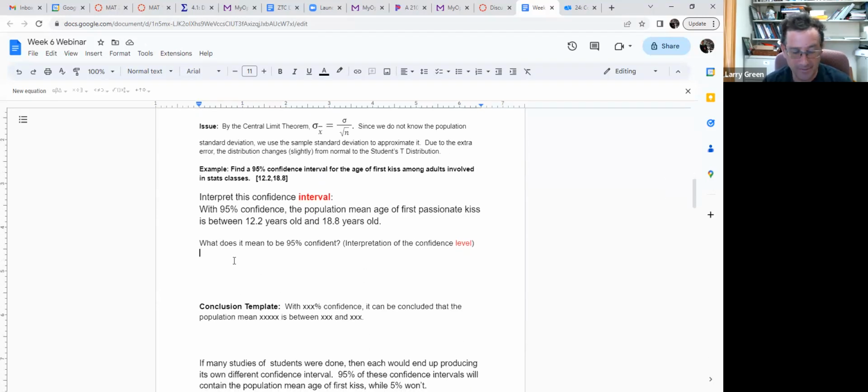So we can say that if many samples of size, in this case 4, very small sample size, are taken, then each one will produce, or result in, a different confidence interval.